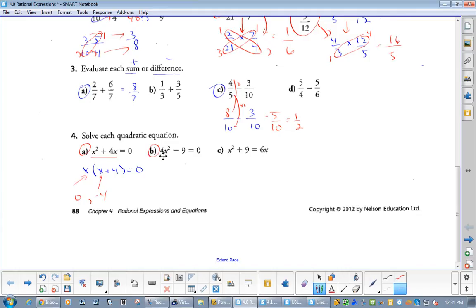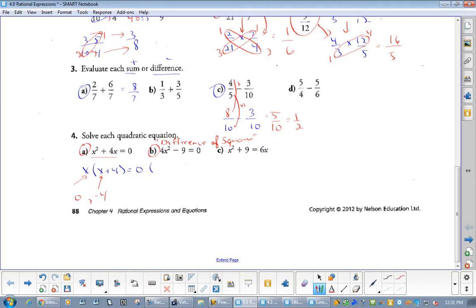What kind of thing is it? Or 9. They're both perfect squares. And there's a minus sign. It's called the difference of squares. Why? Because it's got a difference in between and they're both perfect squares.